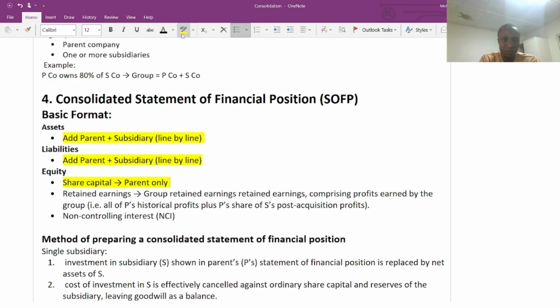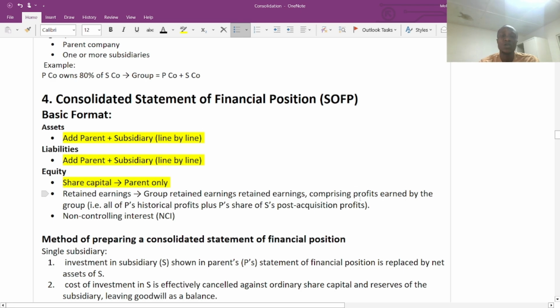First point. Now, when we are talking about the retained earnings, we are going to do a separate working for the retained earnings, which can be working 4, working 5. Basically, the group retained earnings is a different component which comprises the profit earned by the group, which we can look at separately.